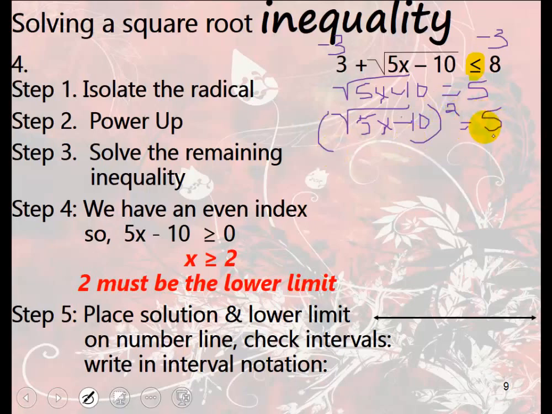So I get 5x minus 10 is equal to 25. I'm going to solve. I'm going to add 10 to both sides. So I get 5x is equal to 35, and I get x is equal to 7.